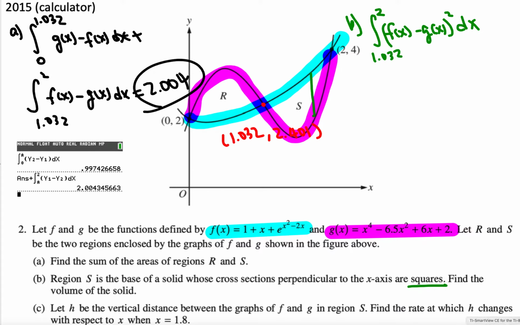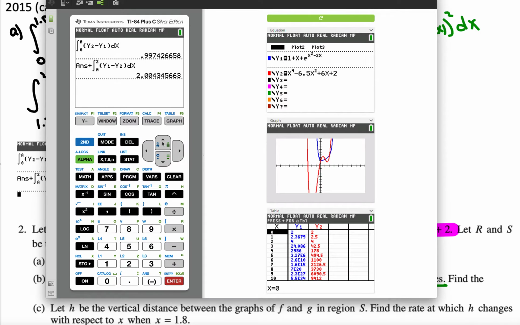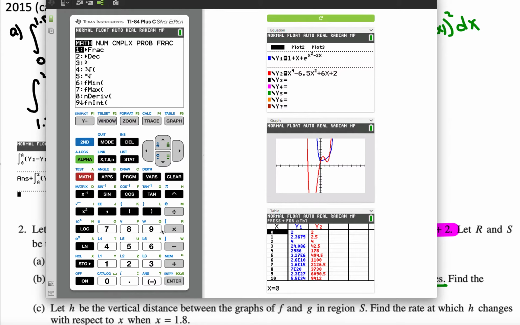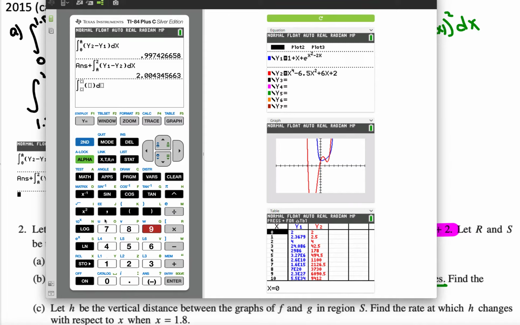So let's try to do that. So I'm going to integrate number 9. So from a to 2, and then it was going to be y sub 1 minus y sub 2.